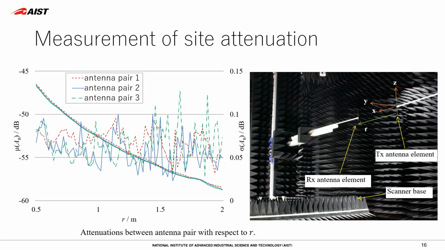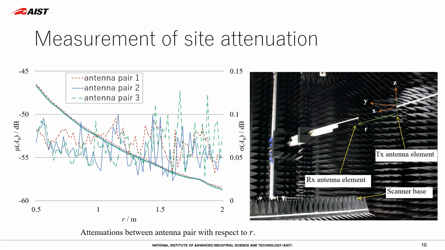One antenna was moved away from the fixed antenna on the antenna holder from 0.5 meter to 2.0 meters, and site attenuation at every 20 mm was measured. The measurements were carried out 5 times by changing dates, antenna setups, and cable connections. The vector network analyzer was recalibrated before each measurement.